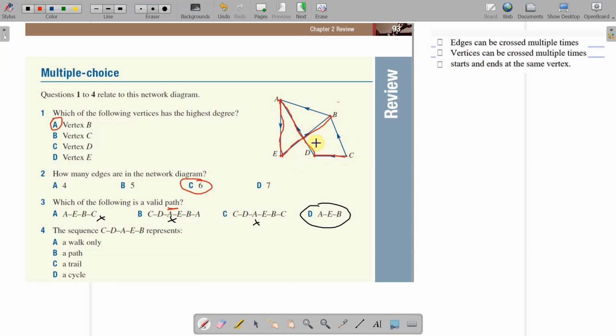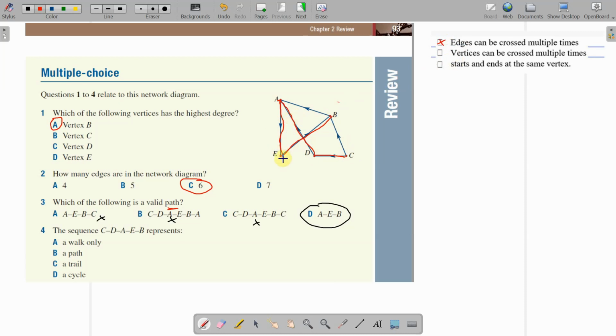Alright, so edges crossed multiple times? Well, each edge is only done once. Vertices can be crossed multiple times, but there's only once for each vertex. Yep, only once. It goes in and out. In and out. That's okay.